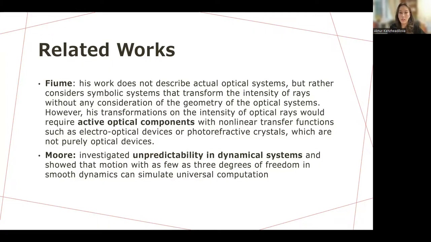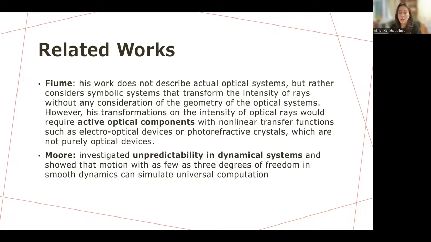He showed that if amplification of light intensity was allowed, the abstract ray tracing problem will be PSPACE-complete. If no amplification is allowed, it will be an NP-hard problem.